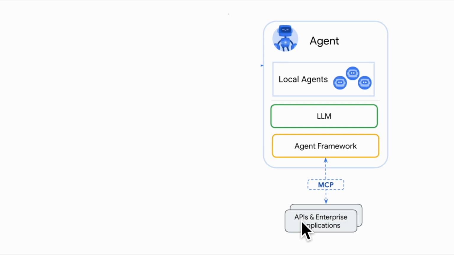But here's the catch. Most agent systems are bounded by their own infrastructure. An agent inside one company or one cloud server cannot easily talk to another agent built elsewhere, say in another company, another data center or another programming language. So this is what we call organizational or technological boundaries, maybe due to API security, network isolation or system compatibility.